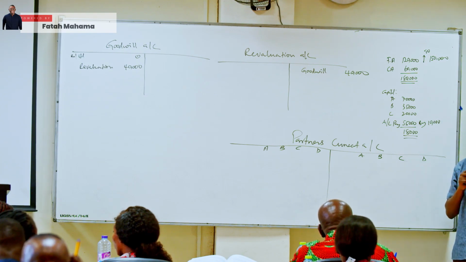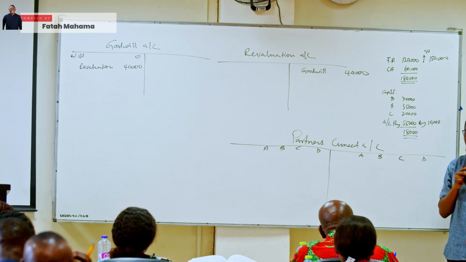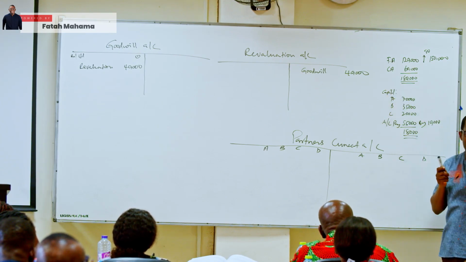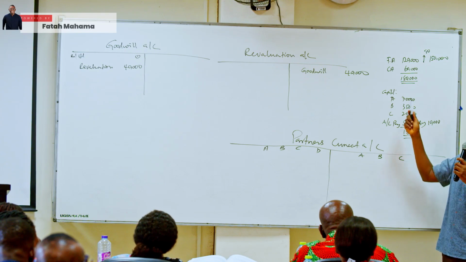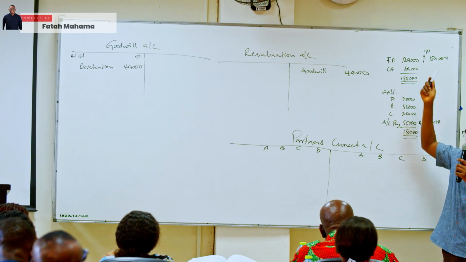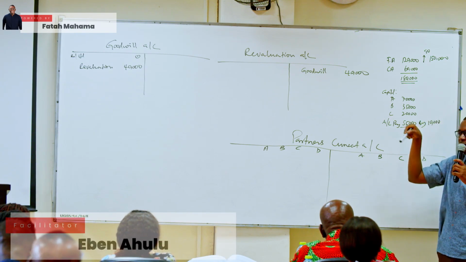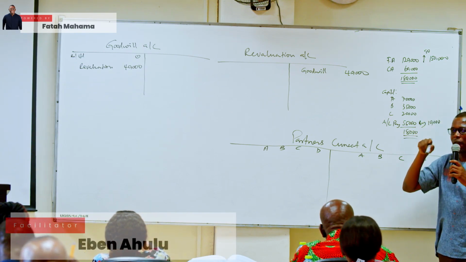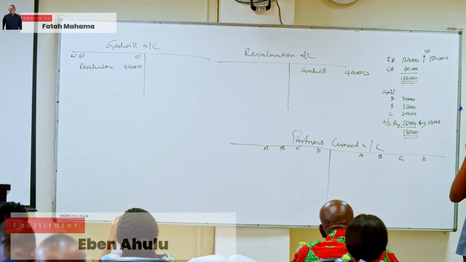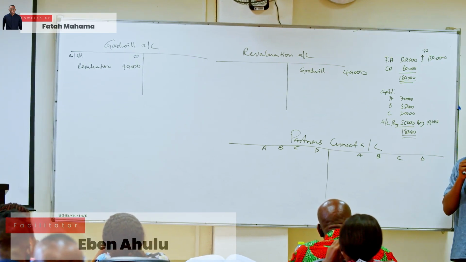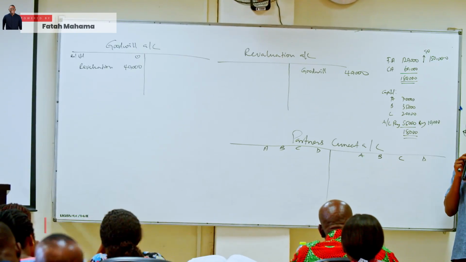Okay, so you see the examiner here is testing our understanding of whether we know what a current asset is, right? Instead of saying that the current asset changes, he didn't do that. He's now telling them a debtor who owes the business how much? 5,000. So that debtor is the current asset. We know that, right? Assets are either current or non-current.